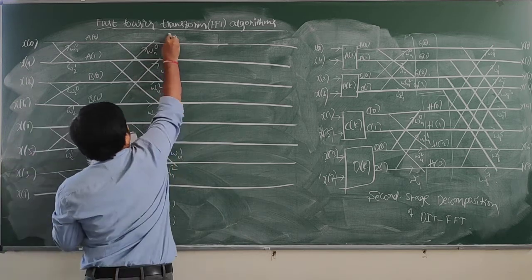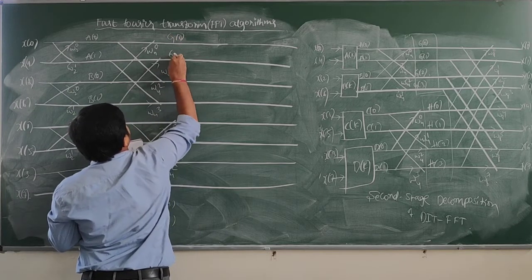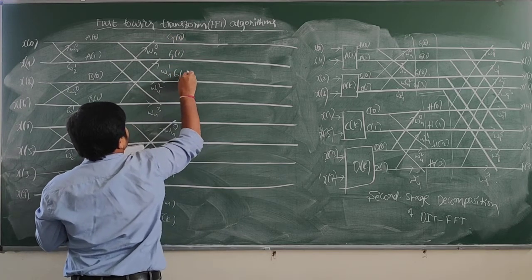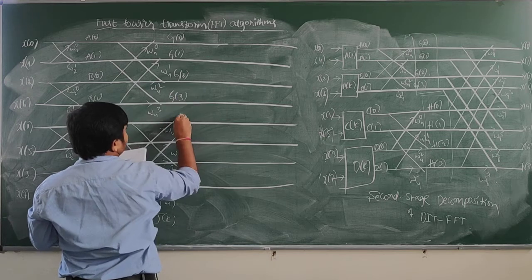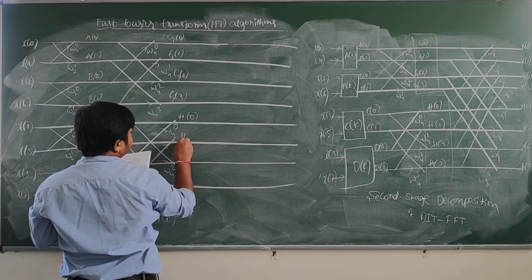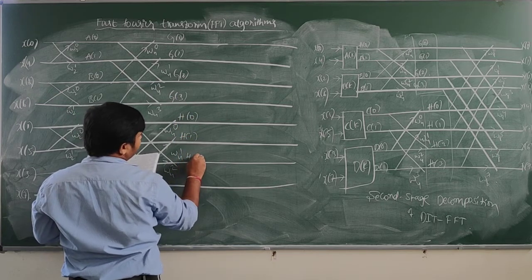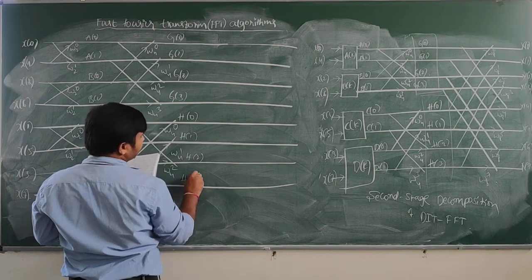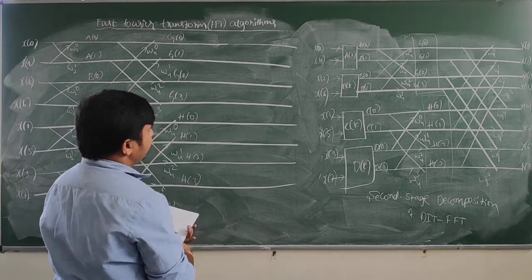So here outputs are g of 0, g of 1, g of 2, g of 3. Here h of 0, h of 1, h of 2 and h of 3. Okay.